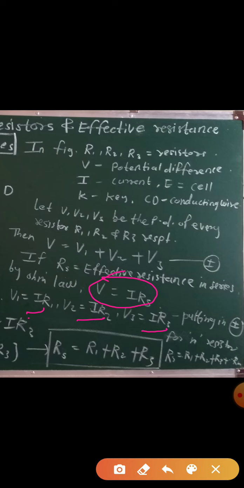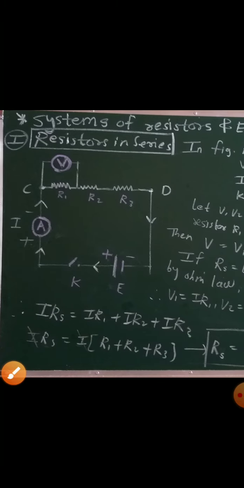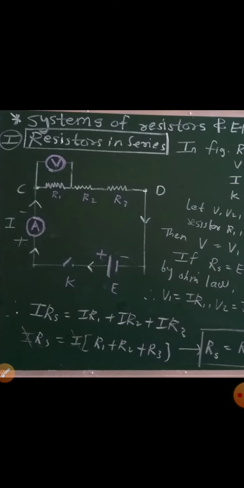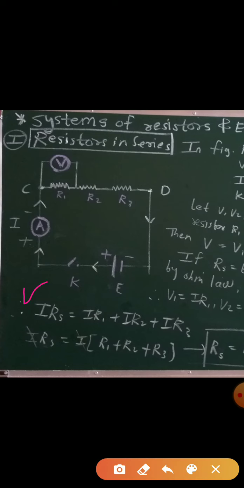Putting all the values of V1, V2, V3 in equation number 1, what will we get? V is I Rs, V1 is IR1, V2 is IR2 and V3 is IR3.